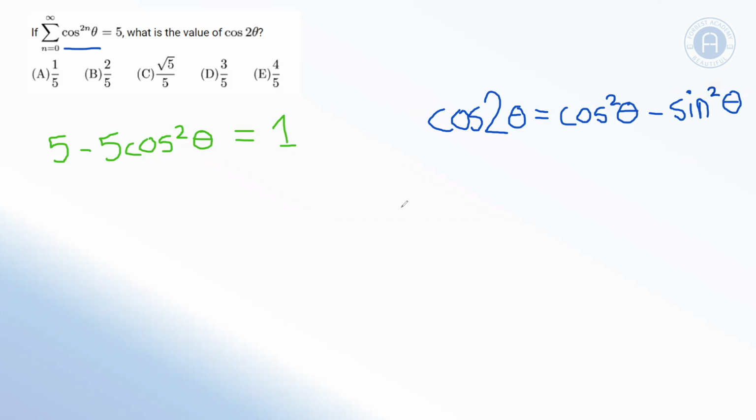Now we should know as well, we've got another identity that is 1 is equivalent to cos squared theta plus sine squared theta.